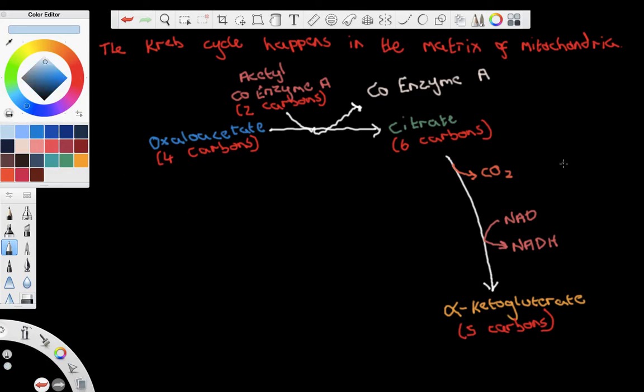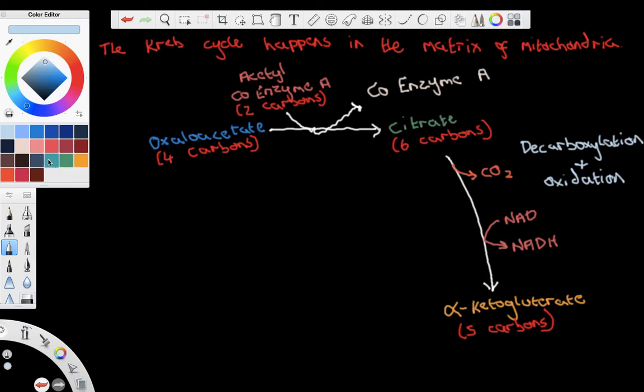So at this point here, we've got decarboxylation and oxidation. So we've got the decarboxylation and oxidation of citrate to form alpha-ketoglutarate.